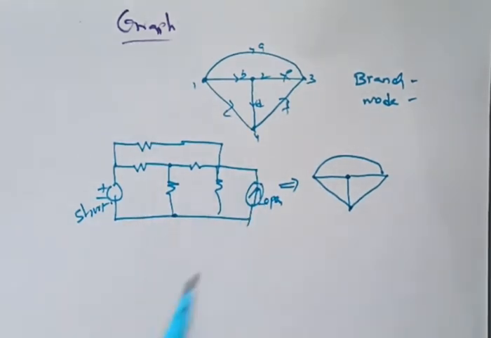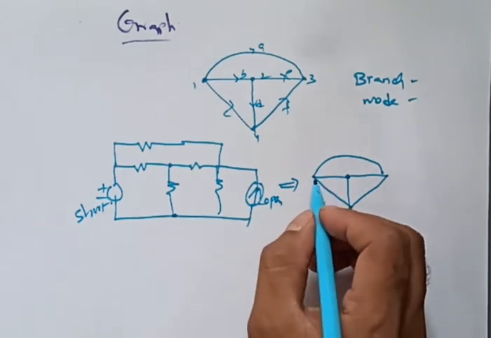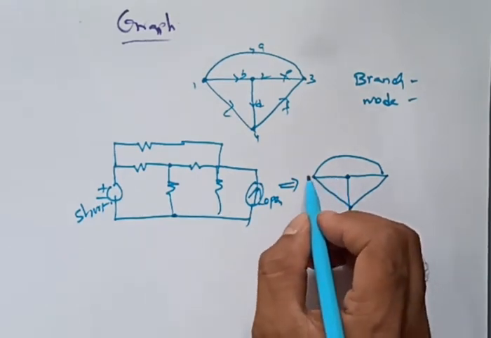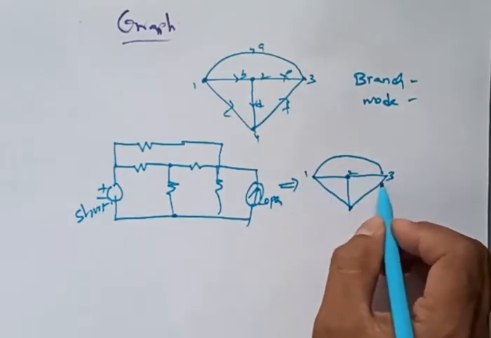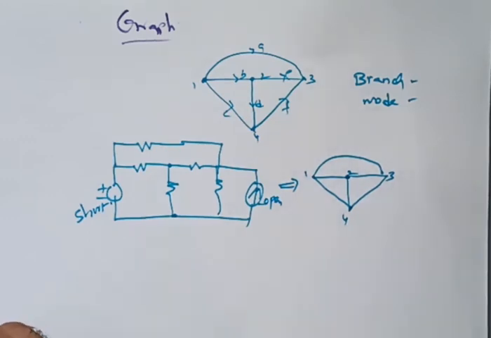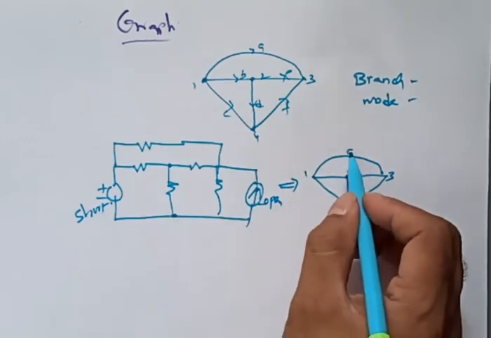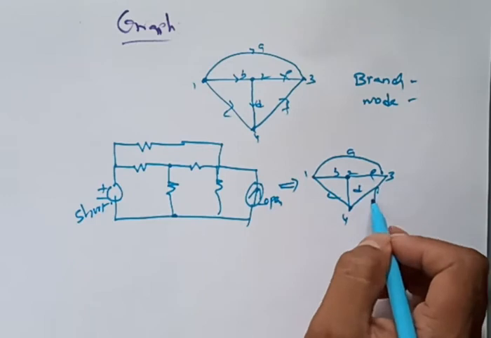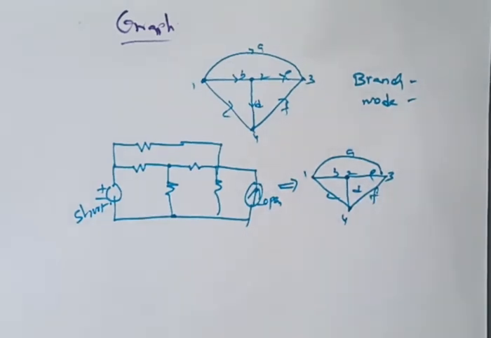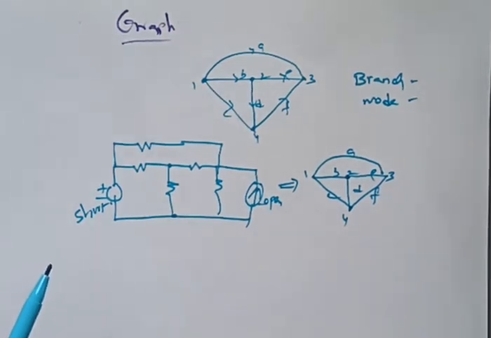So in this graph we can see four nodes, 1, 2, 3, 4, and 6 branches, A, B, C, D, E, F. This is how one can very easily draw the graph for a given network.